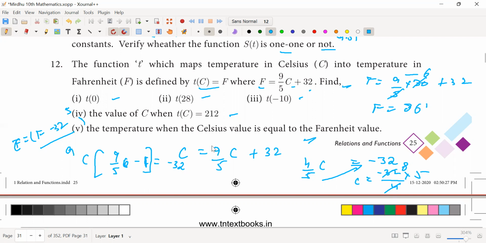The temperature which we use in hospitals is in Fahrenheit. The weather temperature will be in degrees Celsius. And in science, it says temperature in Kelvin.